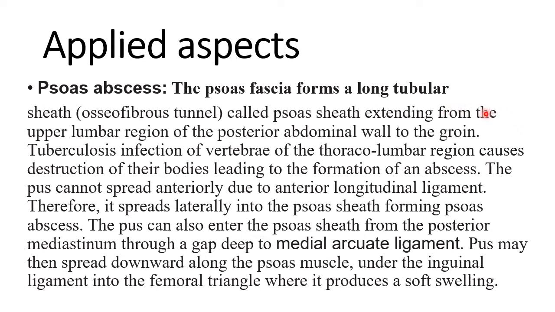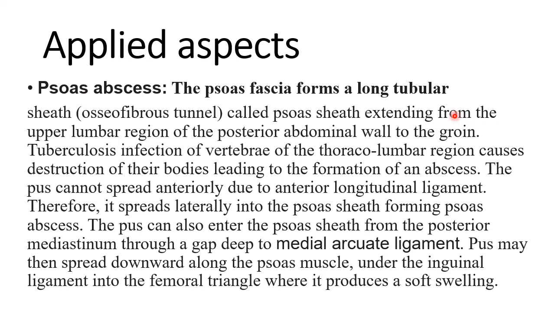Then that fluid can pass through the posterior part of the abdominal wall, enters into the abdomen, reaches below the fascia iliaca, and then extends down to the bony pelvis region.